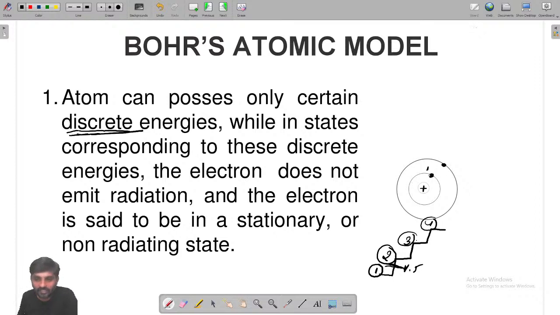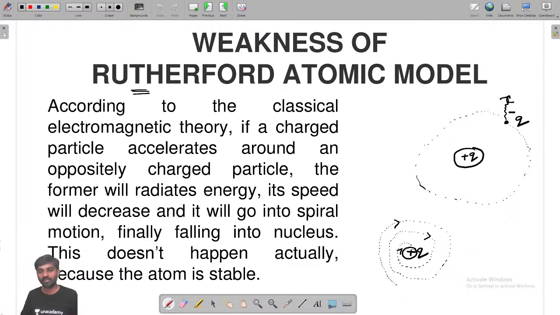When the electron is present at these discrete energy levels, the electron will not radiate or emit radiation. So in the previous proposal, what was the problem, sir? When the electron radiates energy, it falls into the nucleus.